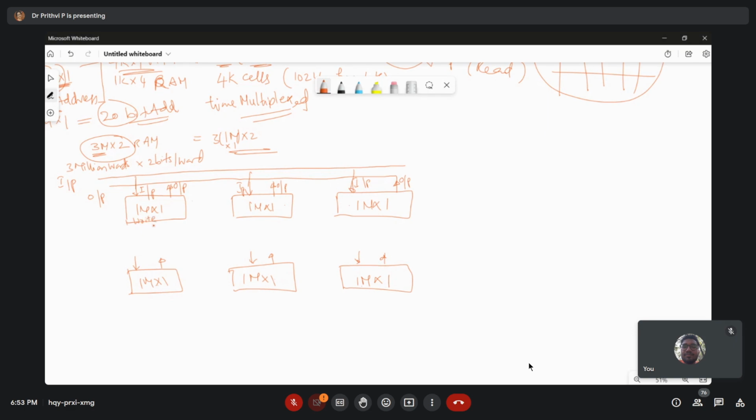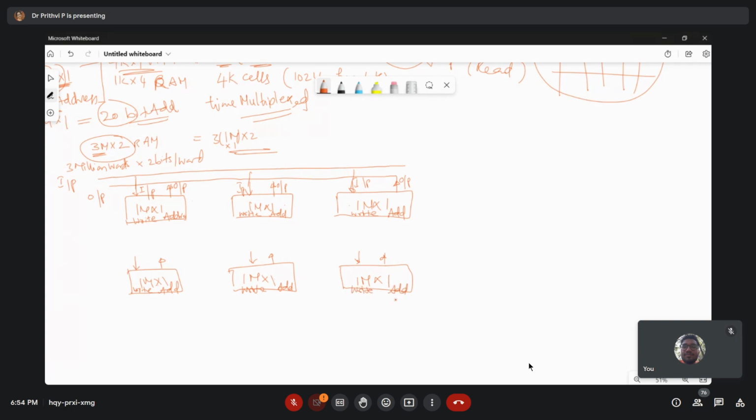If write is true, it will be writing. If it is false, it will be reading. And what address location it has to read or write will be specified as the address. So each element will be having the write and address signal.